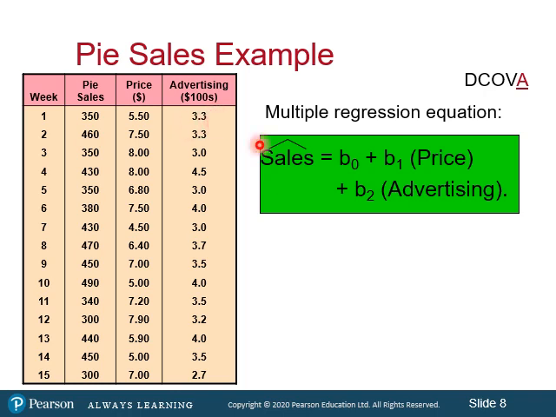So if you put the number 3.3, it means you spend $330. So the multiple regression equation will be sales equals beta 0 plus beta 1 times price plus beta 2 times advertising. That's the model we want to develop.